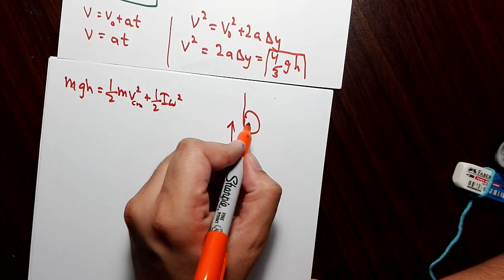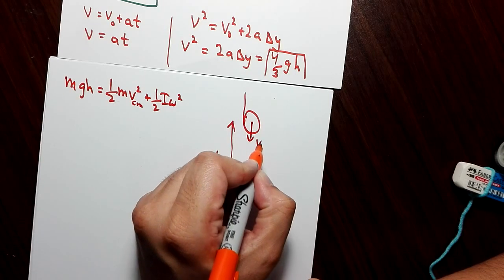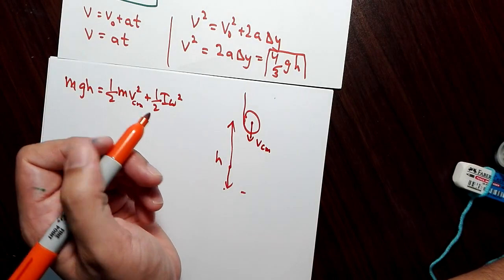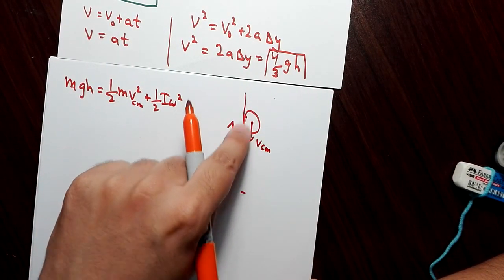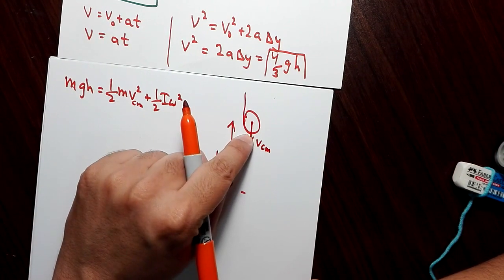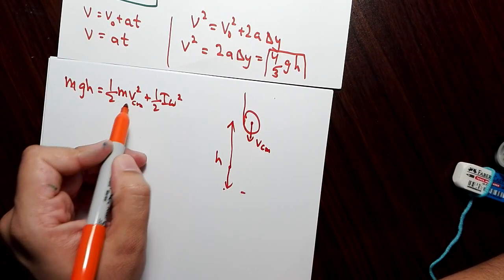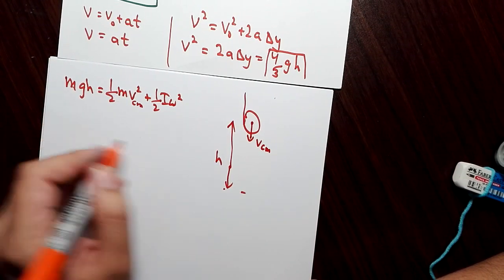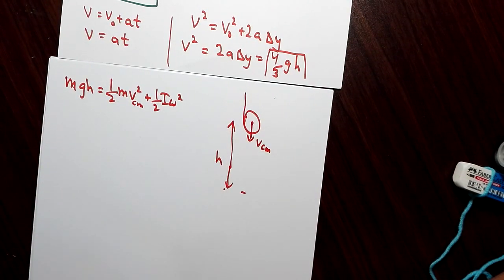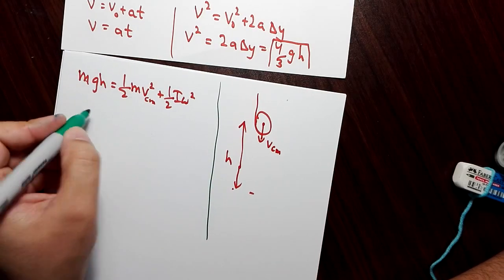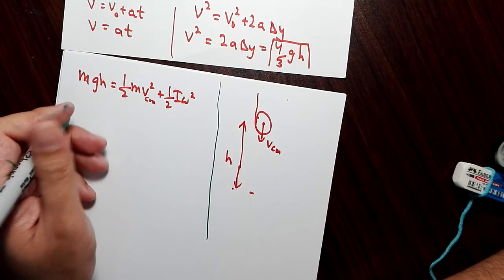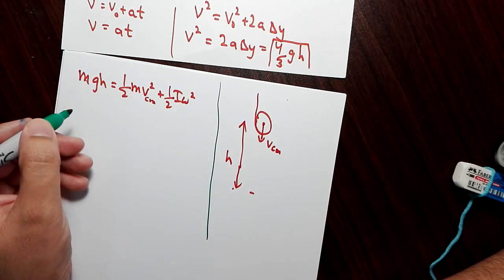The center of mass is this. Remember, in rolling motion, every point on the object moves with a different velocity. So this is the velocity of the center of mass. Now we can simplify this further. We know that we're dealing with a disk over here.